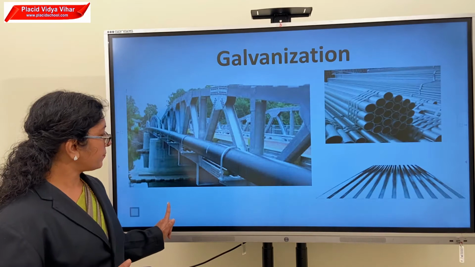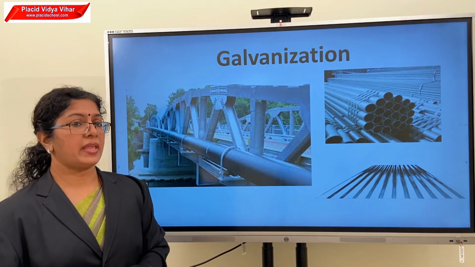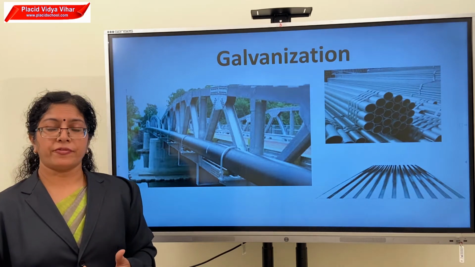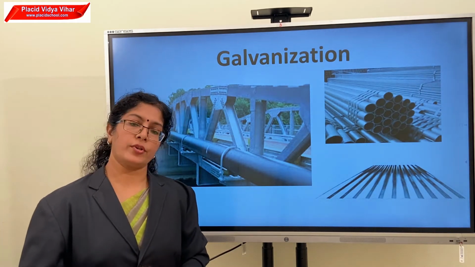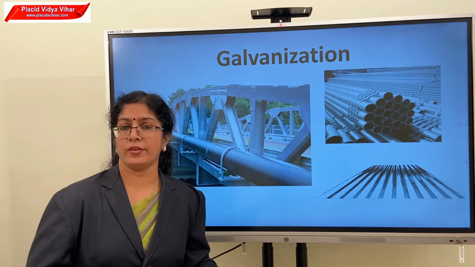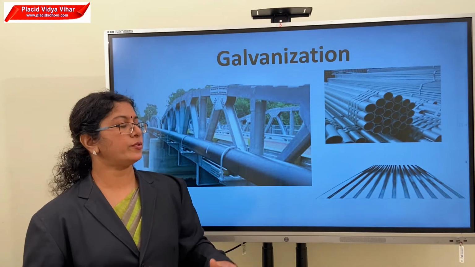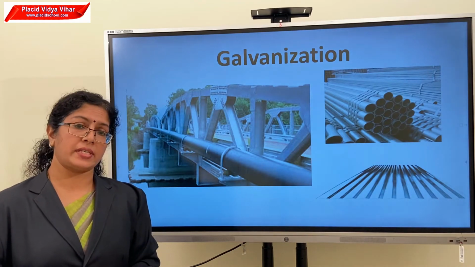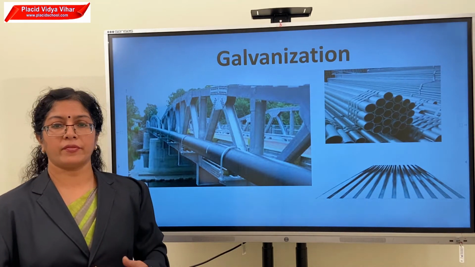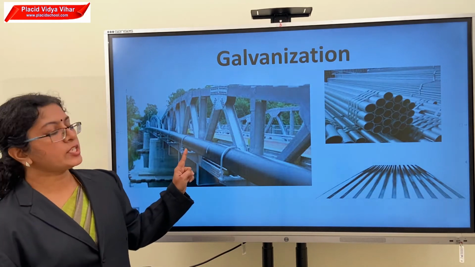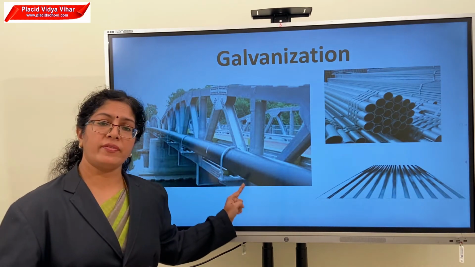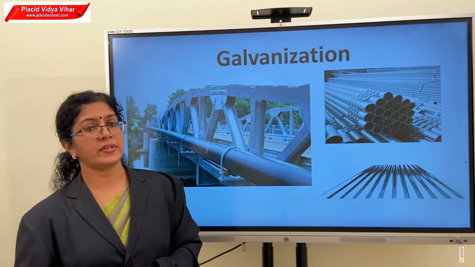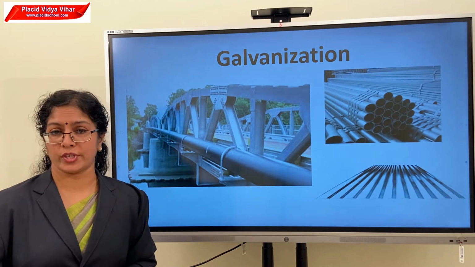Another effective method is galvanization. If the pipes that carry water to homes are made of iron, due to continuous contact with the water there is the possibility of rusting faster than ever. So galvanization is a method to prevent iron from rusting by applying a coating of zinc over iron objects.